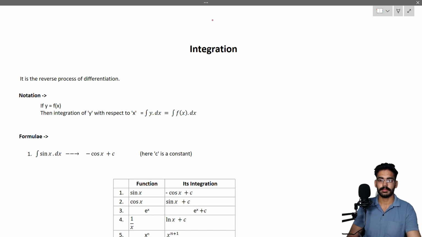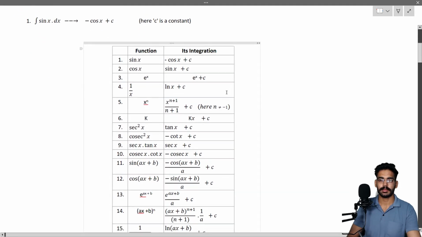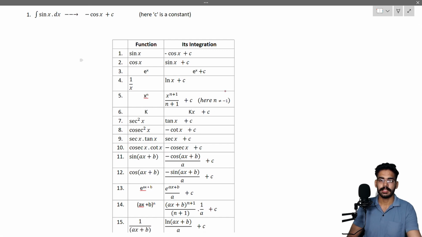Now we're going to see some basic standard functions of integration. It is easy to remember if you remember differentiation. See the second one: if you differentiate sin x, what do you get? Cos x, right? So the integration of cos x will be sin x plus c. Why do we write plus c? Because if you differentiate sin x you get cos x, but if you differentiate sin x plus some constant value, you also get cos x only.